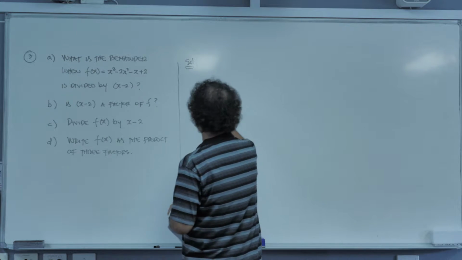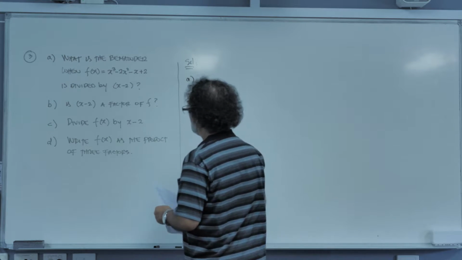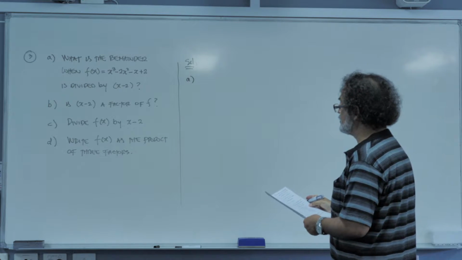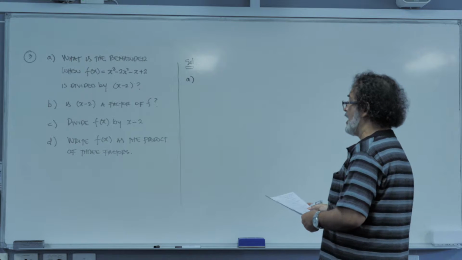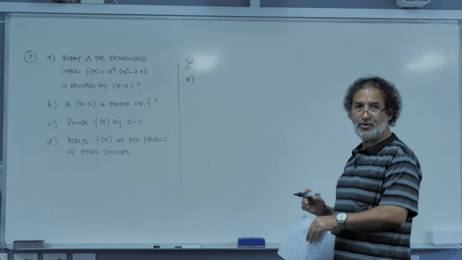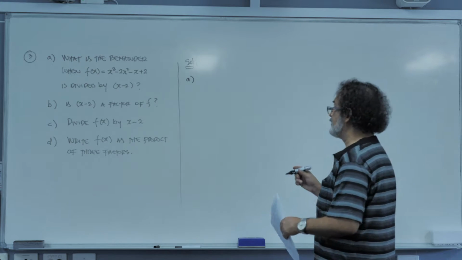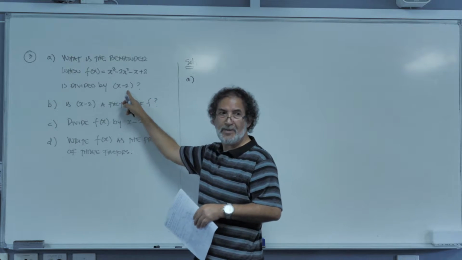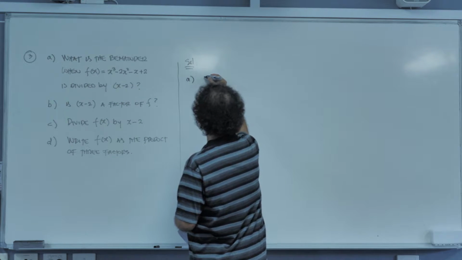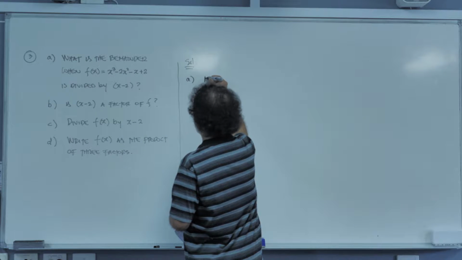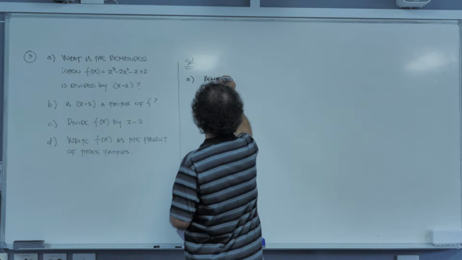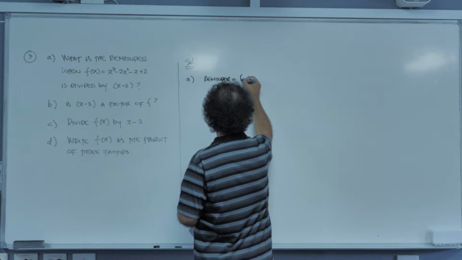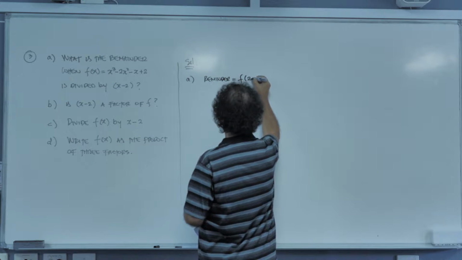Okay, so solution for part A. They say, what is the remainder when f(x) is divided by x minus 2? Okay. So you know that the answer is going to be f at 2, right? On the side, the remainder is equal to just f at positive 2.